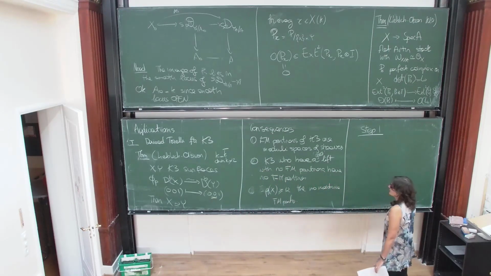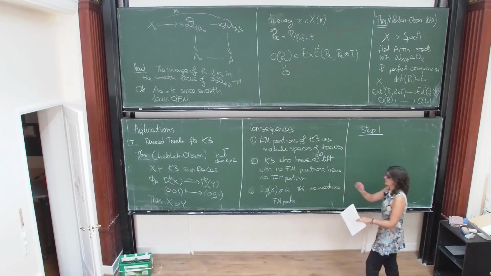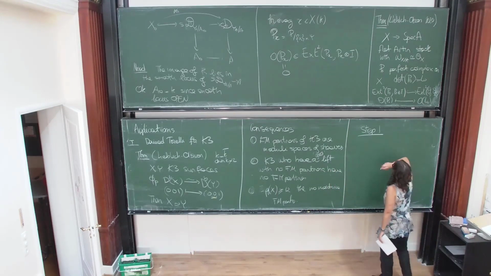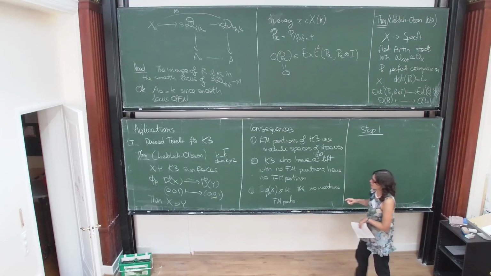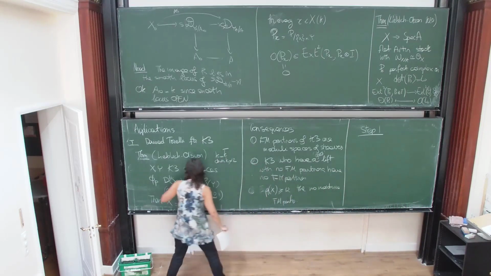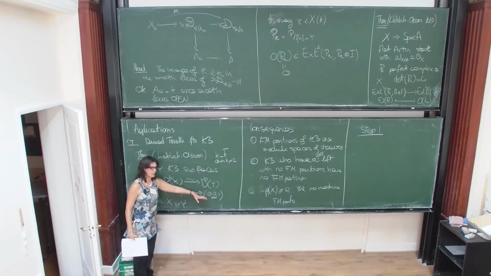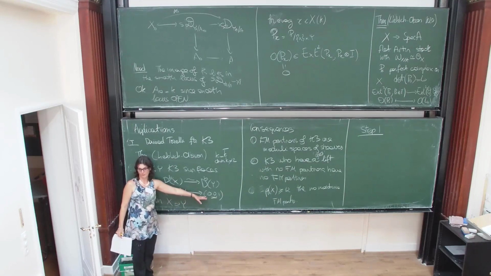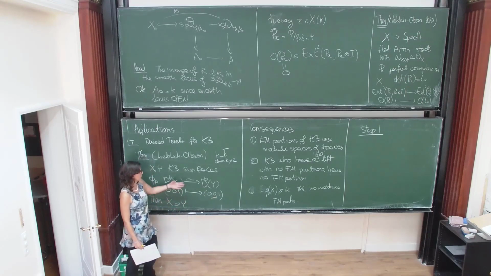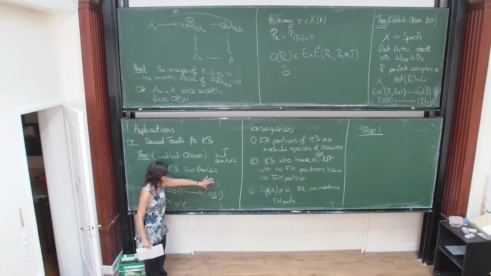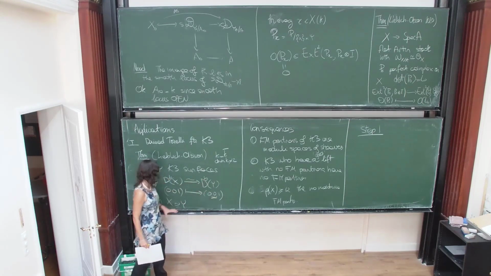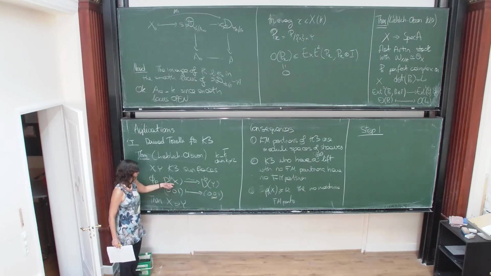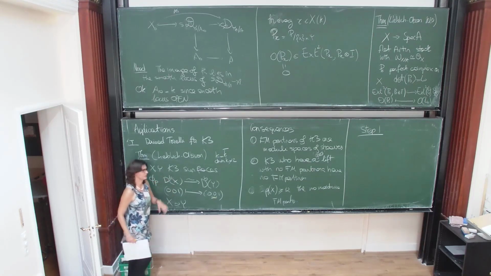And so step one. If you remember, I have no obstruction to lift the perfect complex, so I'm fine, but I have to algebraize. So I deform Y, I find a projective lift of Y, I find a formal lift of X_n where the perfect complex lifts, and I have to algebraize it.